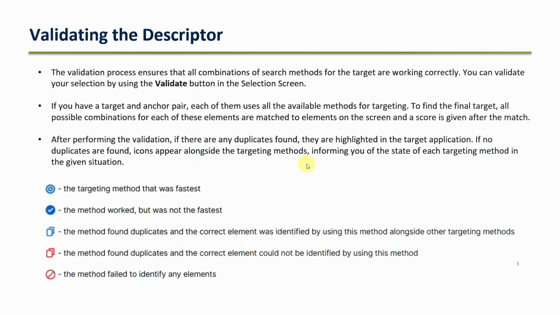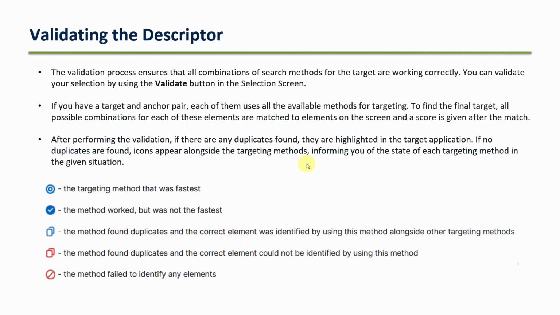Lastly, we have something called validating the descriptors. Same like you validate the selector, where you have highlight and indicate that it is not proper, when we talk about the modern, we are talking about the descriptors. The validation process ensures that the combination is working properly.